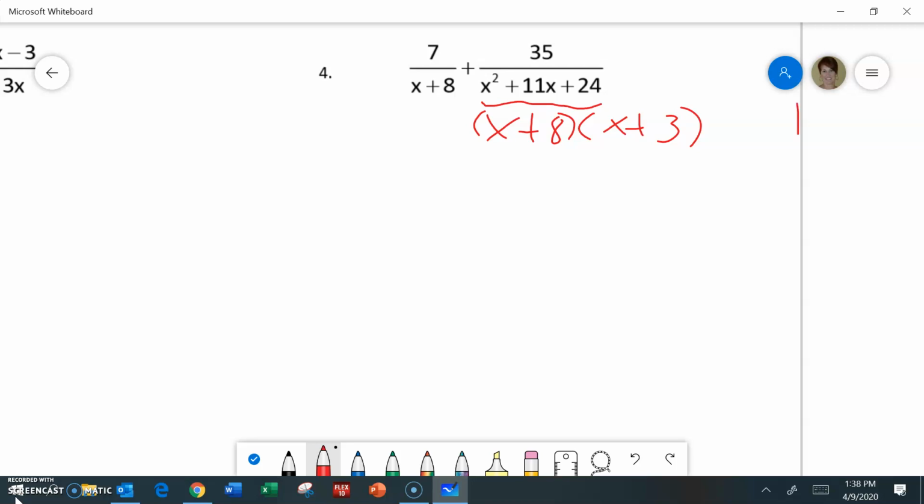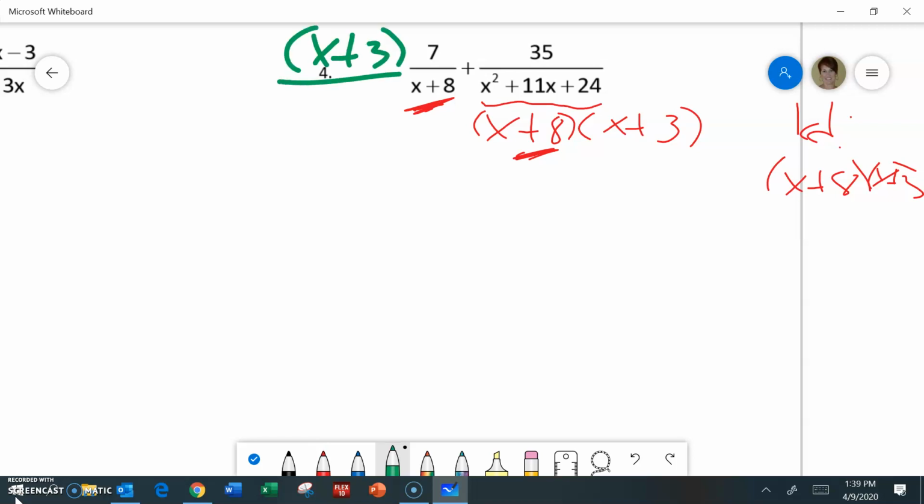So our LCD literally would be an x plus 8 times an x plus 3. Now, we already have an x plus 8 over here, and we have that factor here. So we just need to multiply this first fraction by x plus 3. So whatever you do to the bottom, you do to the top.